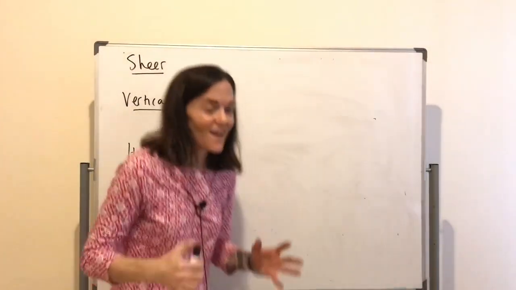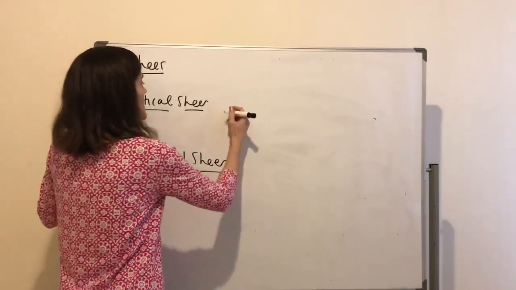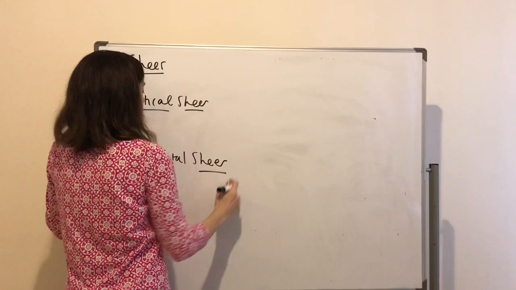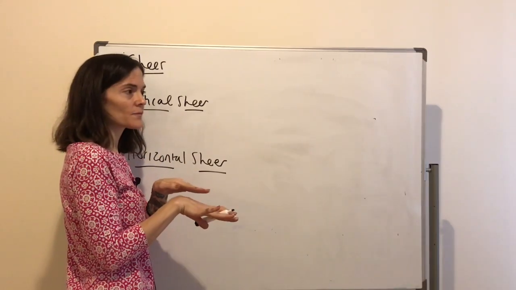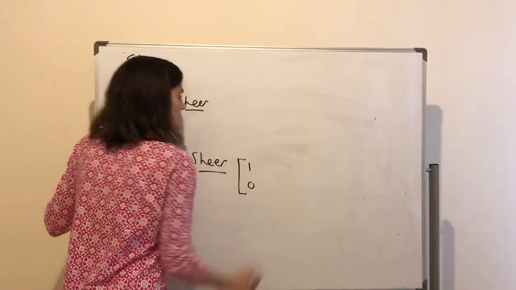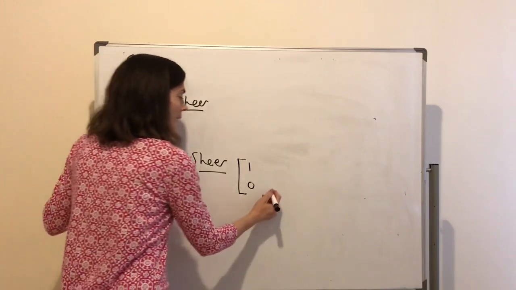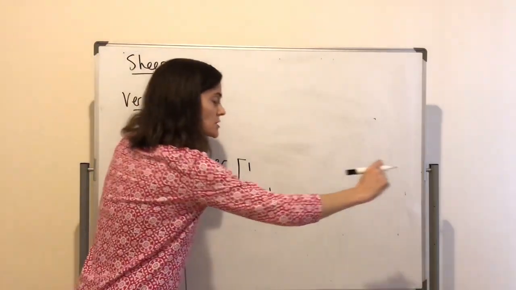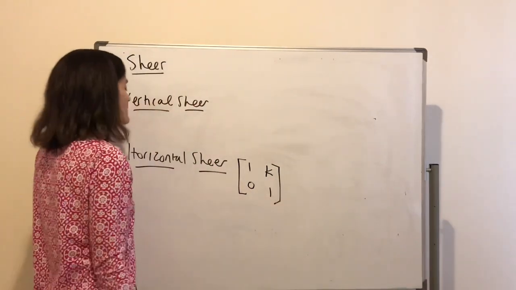So as we saw, horizontal shear is going to fix E1, which would give us this. But then E2 will remain the same height and be stretched horizontally by some factor.